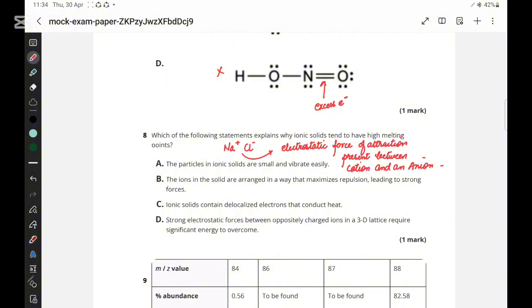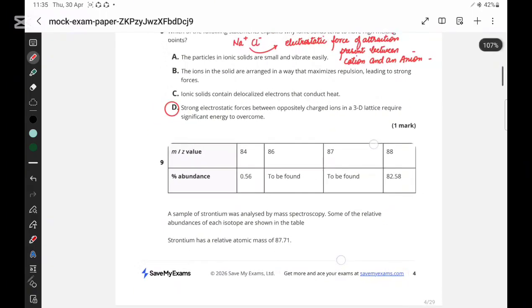This electrostatic force of attraction becomes the reason for the high melting point and boiling point. So if we see option D, they are saying strong electrostatic force between oppositely charged ions in a 3D lattice requires significant energy to overcome. This is going to be the right answer.